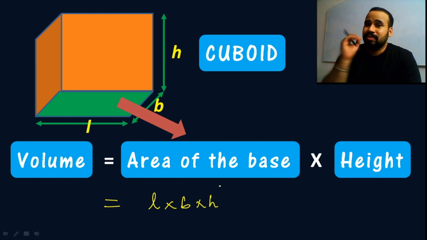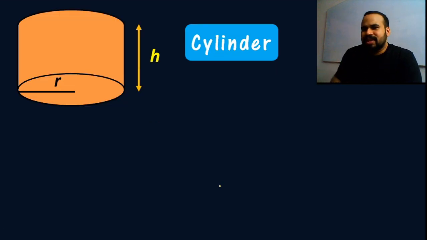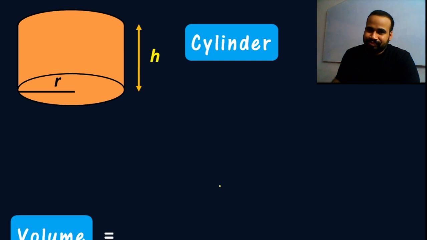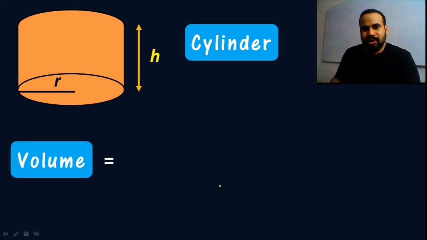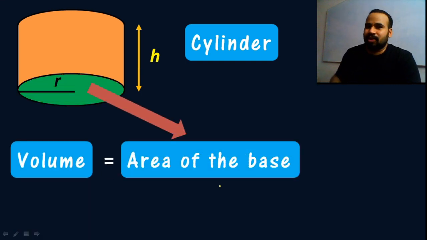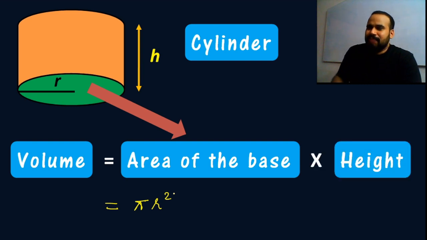So the volume of the cuboid becomes L into B into H. Similarly, for a cylinder, to find out the volume, we'll first find out the area of the base. Here the area of the base is pi r square and multiply it by the height. So the volume of the cylinder becomes pi r square h.